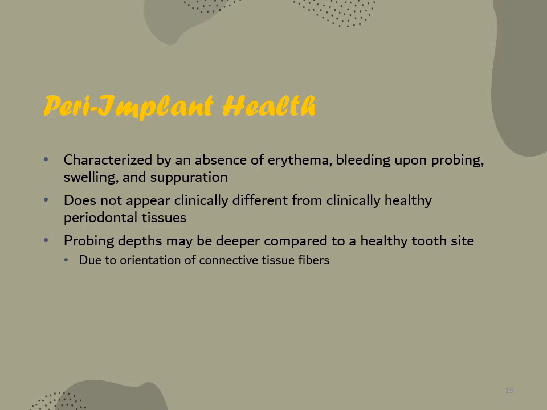Probing depths can be deeper. They can be more shallow compared to a healthy tooth site. They're going to be different. And the difference here is due to the orientation of the connective tissue fibers. So it's not necessarily that your 1 to 3 millimeters is going to be healthy. The implants don't work that way.